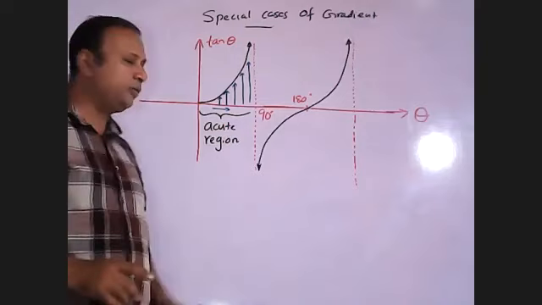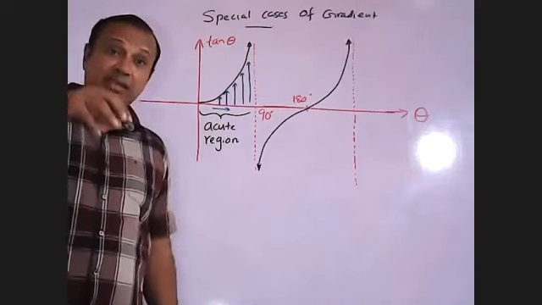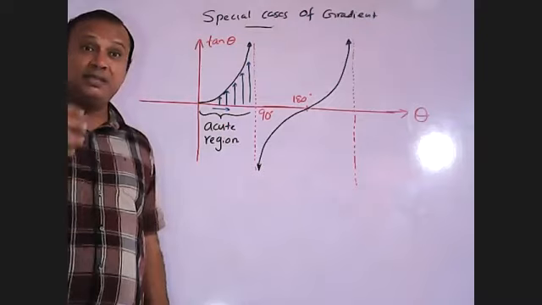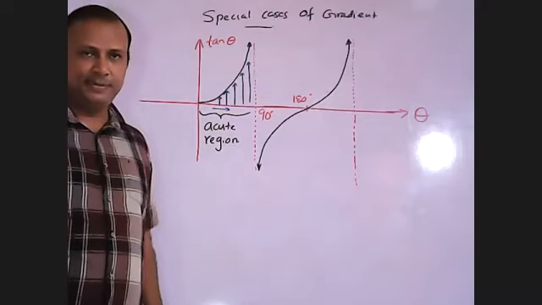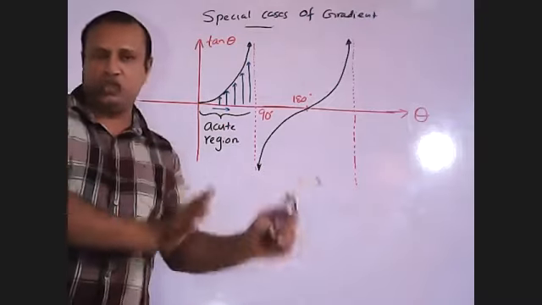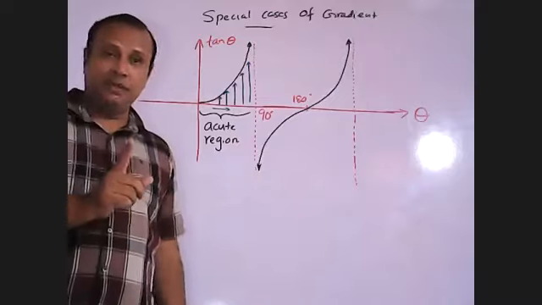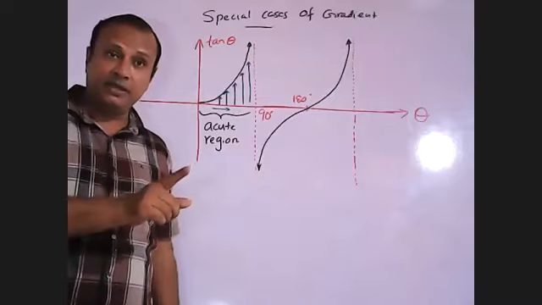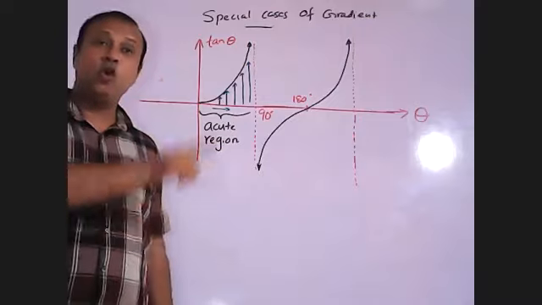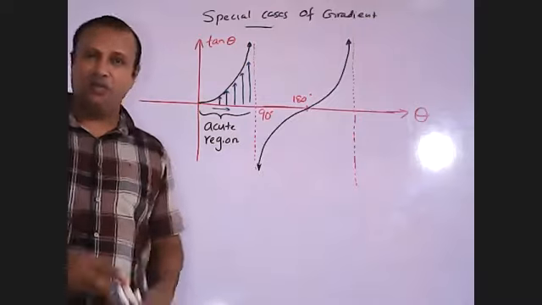This is the acute region. If we consider the obtuse region, that means 90 to 180, tell me what will happen to the tan value when theta increases.